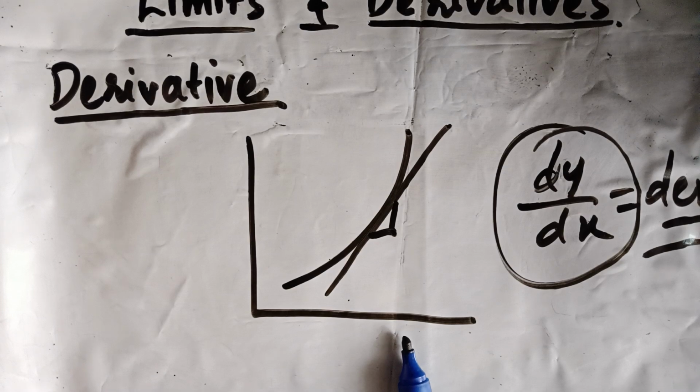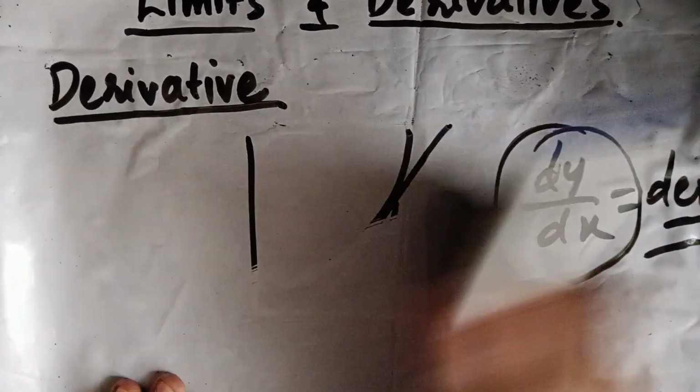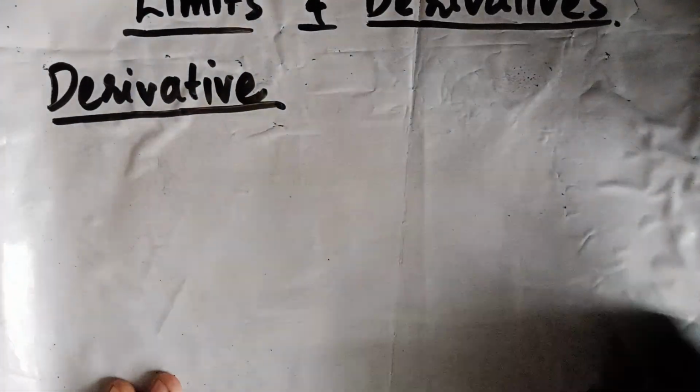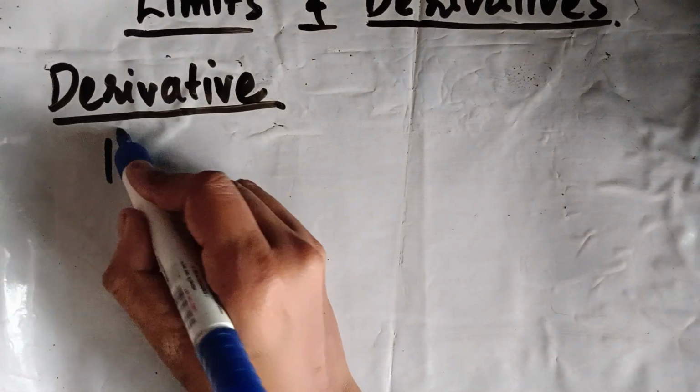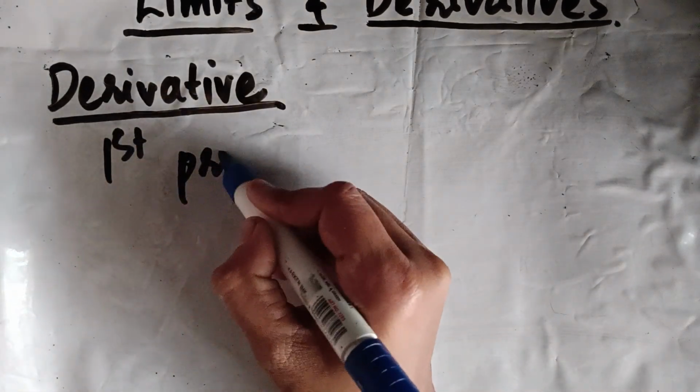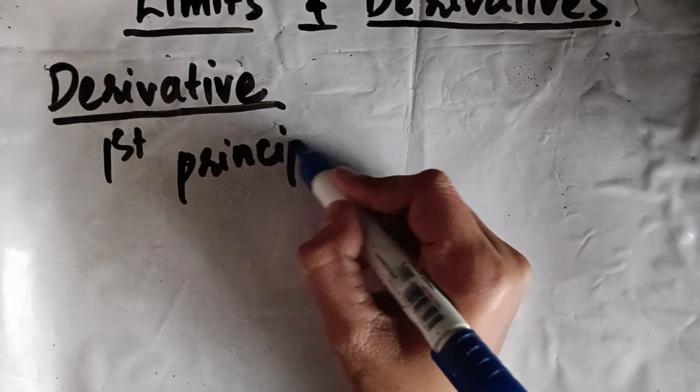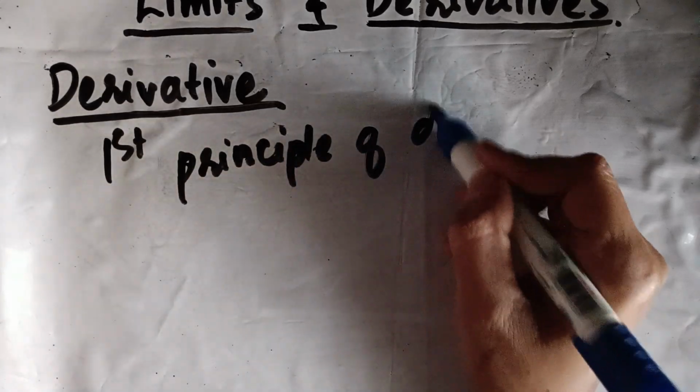So there is a principle, that is first principle of derivative, which we will be using to find the derivatives.